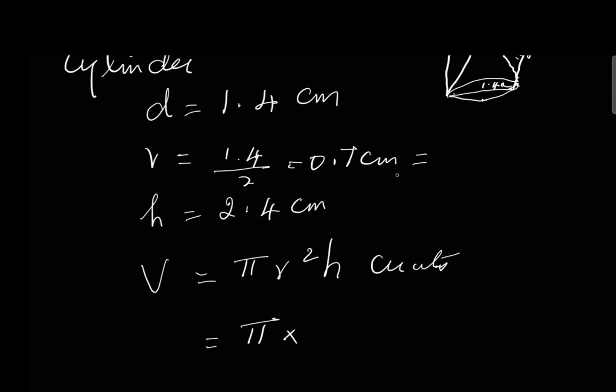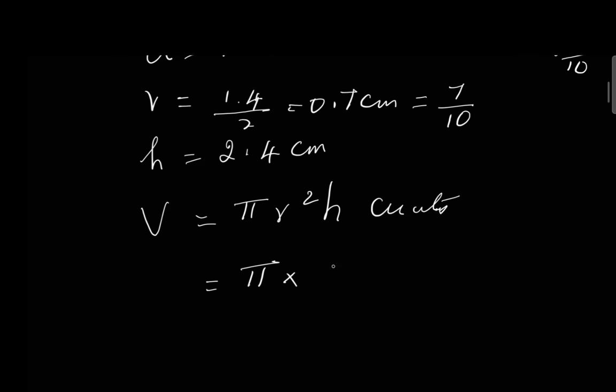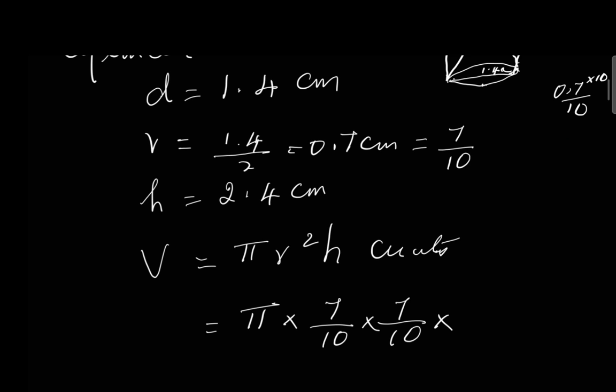This decimal you convert into a fraction: after one decimal place we have the point, so multiply by 10 and divide by 10. You will get 7 by 10. So write r as 7 by 10 into 7 by 10 into the height, this decimal also, 2.4.